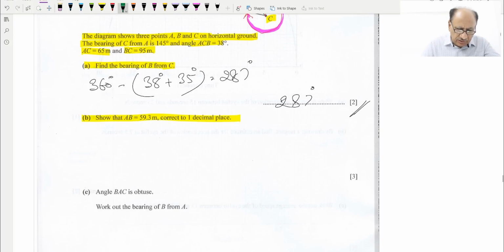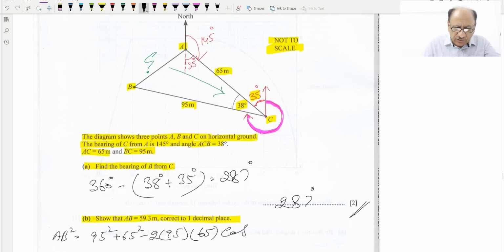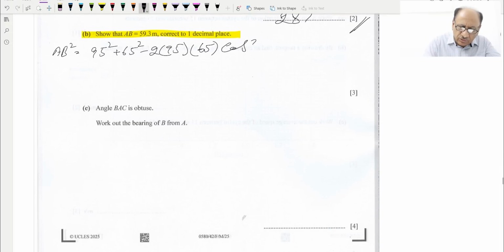We will write cosine rule: AB square is equal to one side, which is 95 square, plus the other side, which is 65 square, minus 2 into one side into second side into cos of the angle we have taken as 38.